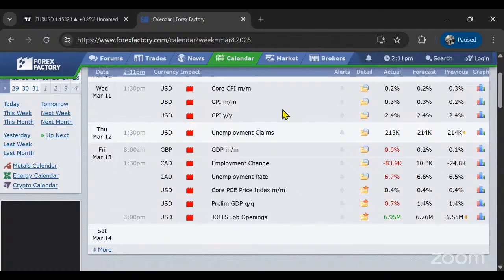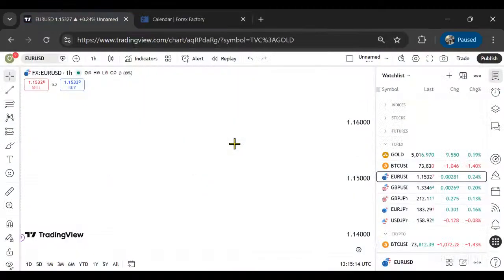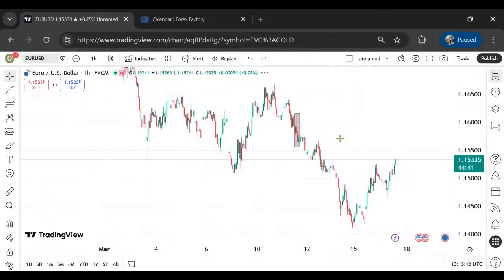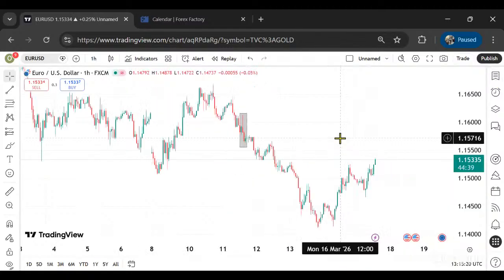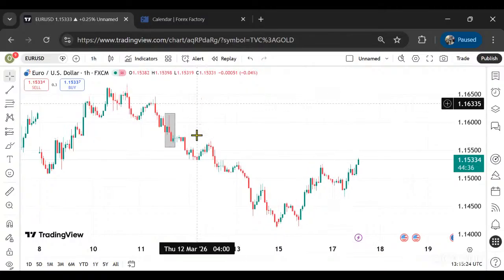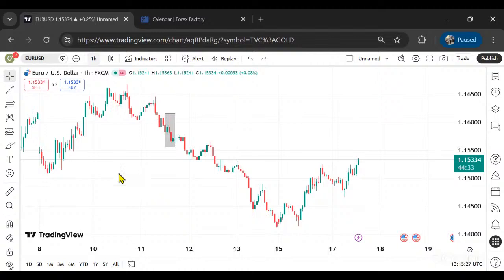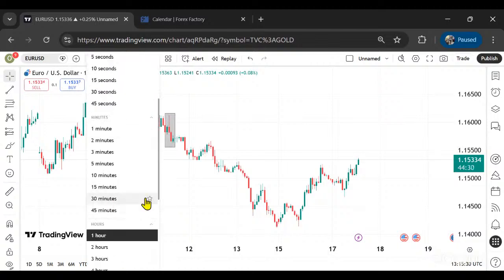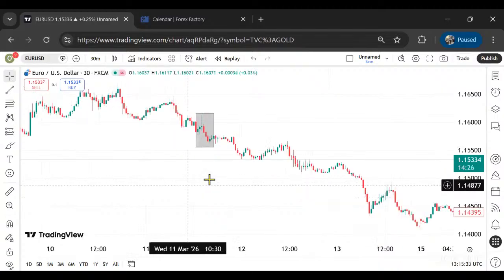Now, how do we actually do this? How do we trade this on the Forex chart? Now, if you come to your Forex chart, this is my Forex chart. I'm going to go to 30 minutes time frame. This is 30 minutes time frame right here.